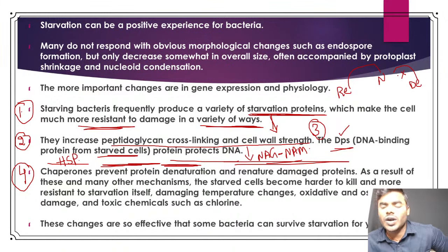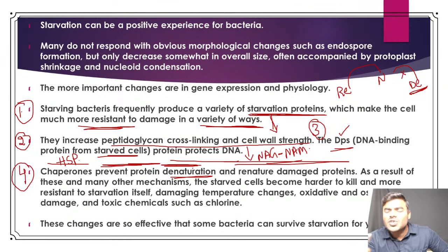So now you know what the chaperones will do, friends. In 90% of the cases, chaperones will prevent the denaturation, meaning they never allow the protein to be exposed to the higher temperature. They never allow the disruption of the tertiary structure of the protein.